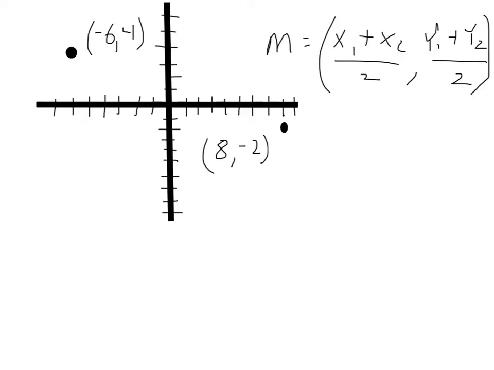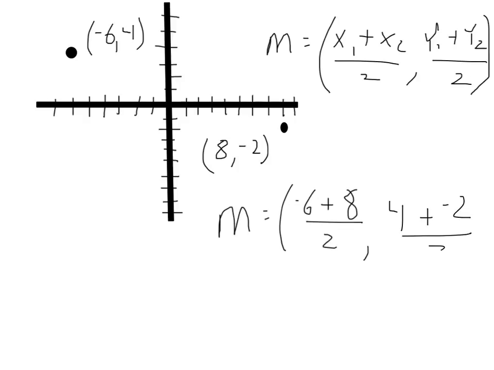So if we're trying to find the midpoint of the ordered pair negative 6, 4 and the ordered pair 8, negative 2, we would take negative 6 plus 8 all over 2. I added up my x's and divided by 2, and now we add up our y's and divide by 2. We're going to take 4 plus a negative 2 all over 2.